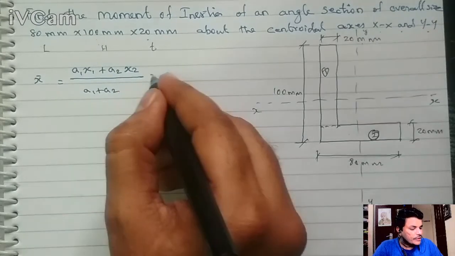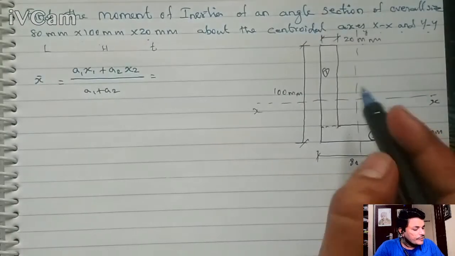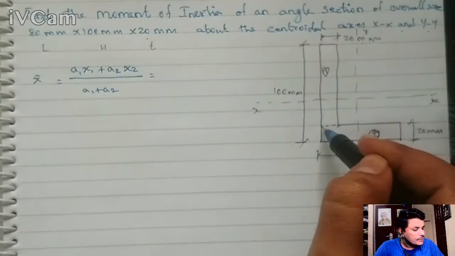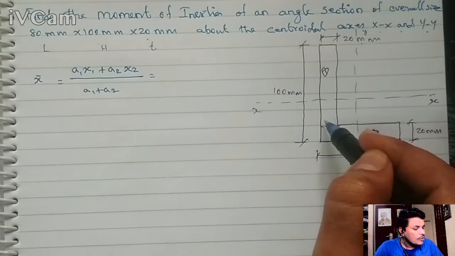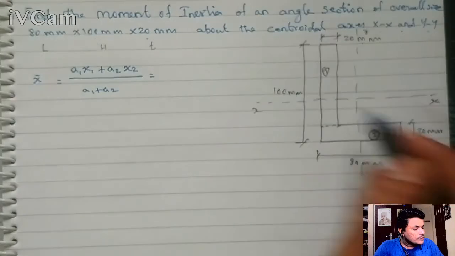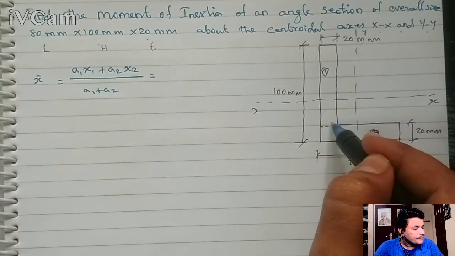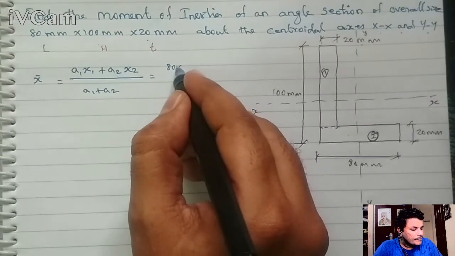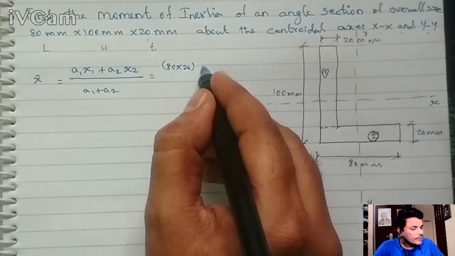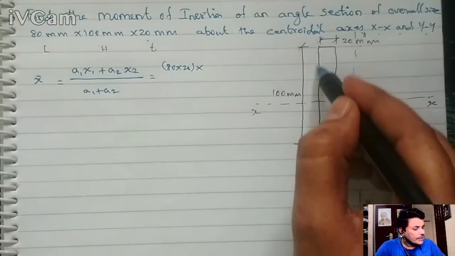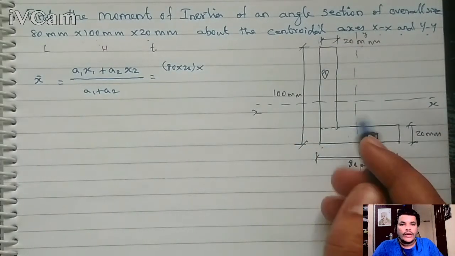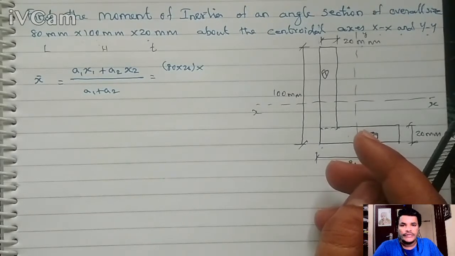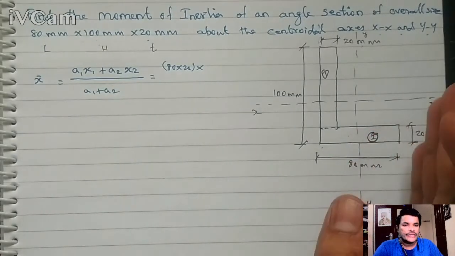This is my first section, 80 by 20 mm, so a1 is 80 by 20 into x1, where x1 is measured from the left. You can take the centroid of the first section either from the extreme left or from the extreme right hand side.